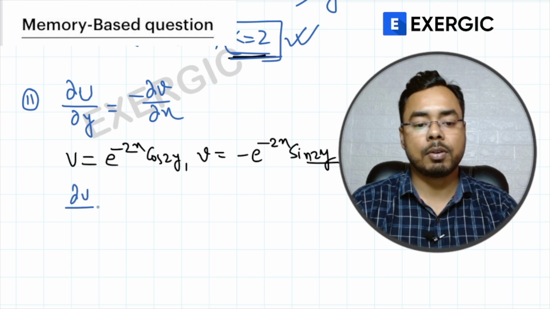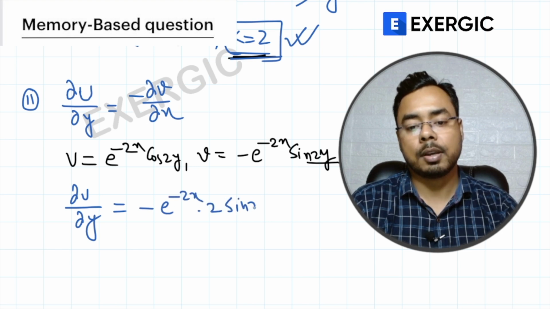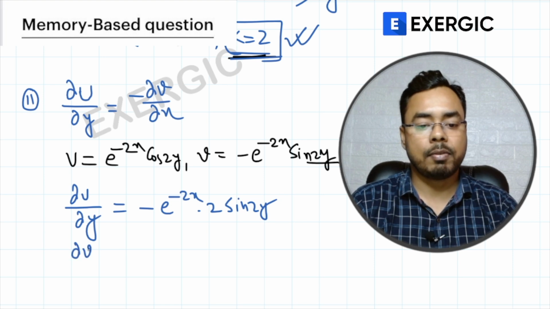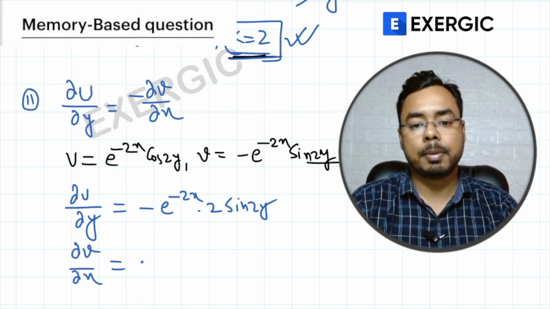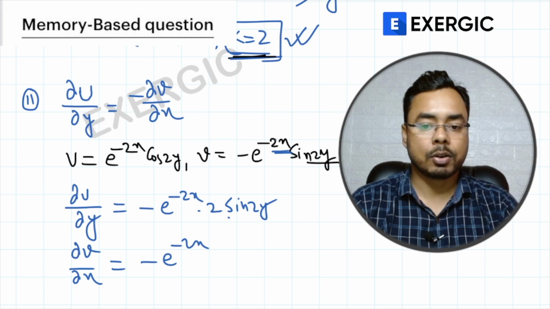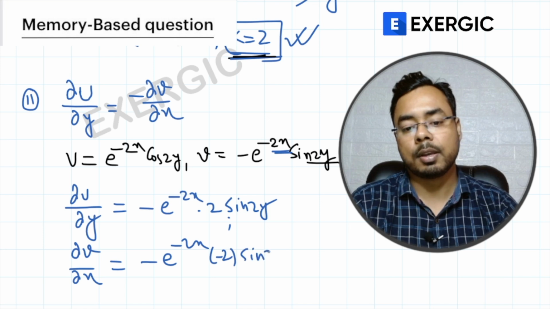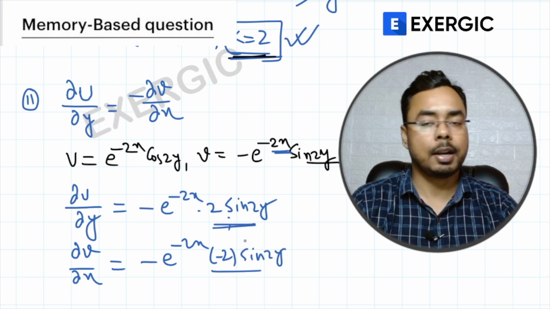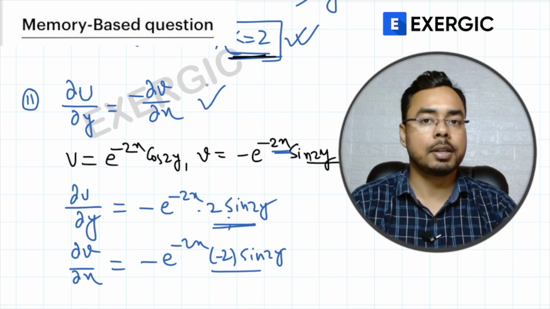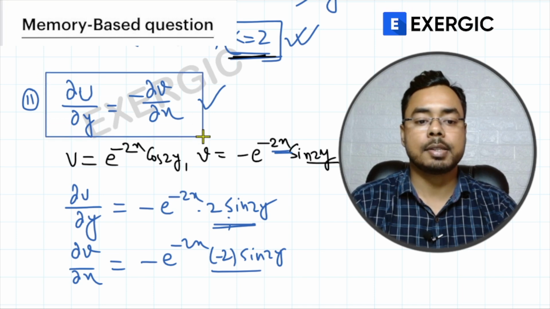So the partial derivative of u with respect to y will be minus e to the power minus 2x into 2 into sine 2y, and the partial derivative of v with respect to x will be minus e to the power minus 2x, multiplied by the coefficient of x, so minus 2, multiplied by sine 2y, right? These two are negative of one another, and therefore the second equation is also satisfied. Del u by del y is in fact equal to minus del v by del x.